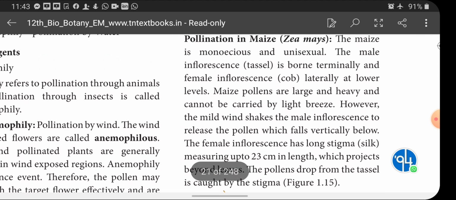Since the pollens are large and heavy, they cannot be carried by a light breeze. So what happened? The mild wind shakes the male inflorescence to release the pollen grains, which fall vertically below.